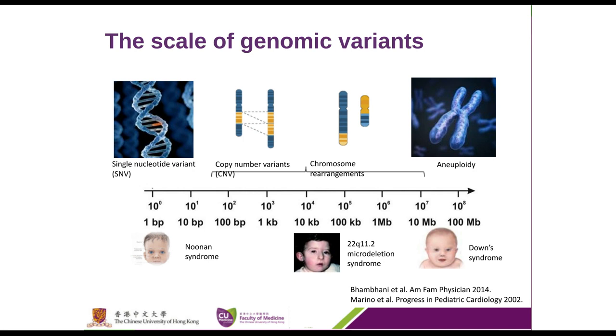And in the old days, in prenatal or even pediatric care, when we were talking about genetic disorders related to birth defects, we always only referred particularly to chromosome numerical changes. That's aneuploidy. The most representative is Down syndrome. You can see from this diagram that now we have a big array of different diseases that we need to take care of.